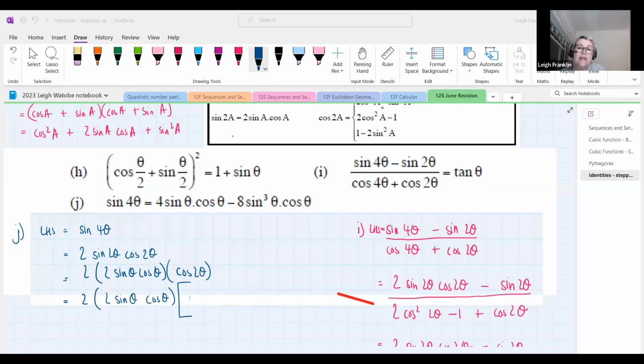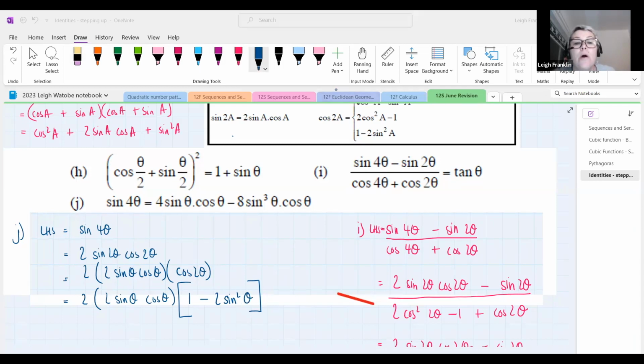It would have to be sine squared times sine theta, wouldn't it? So let's go with 1 minus 2 sine squared theta. Is everybody happy with that?